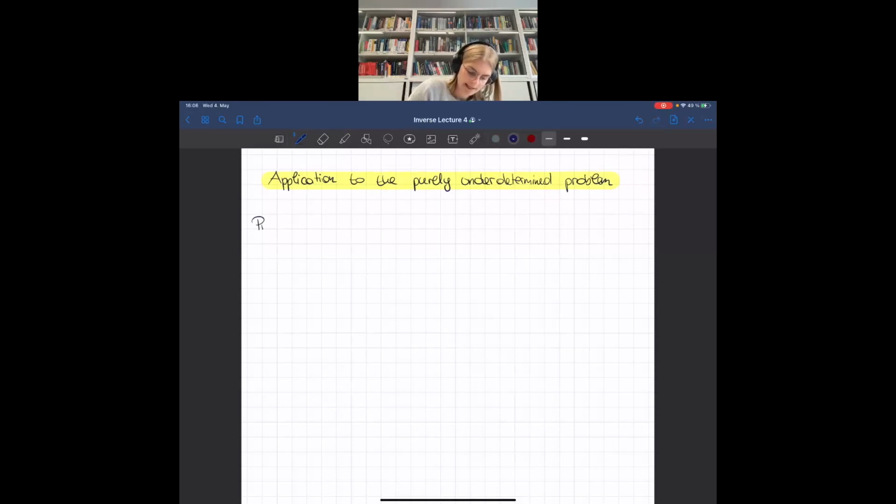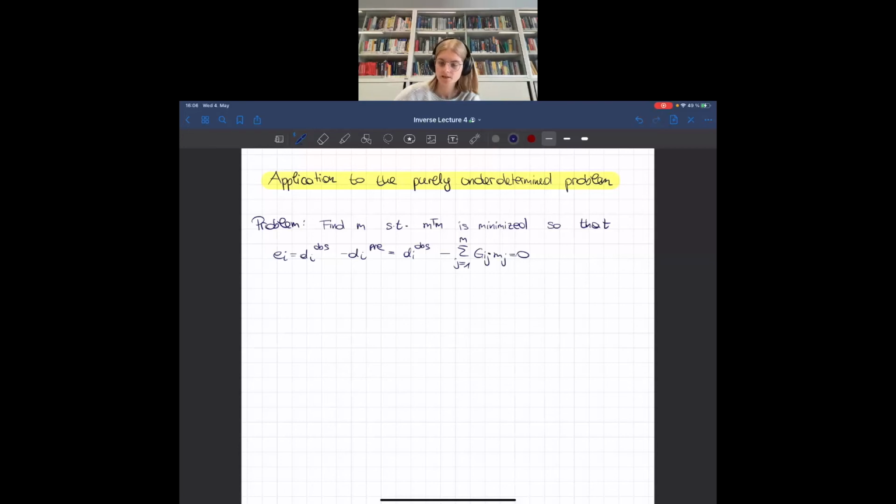So the problem we discuss: we would like to find a model vector m so that the norm of m is minimized, so that the model prediction error we had before is zero, so zero data misfit.